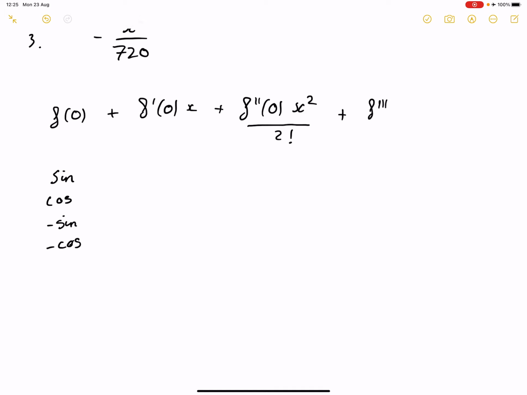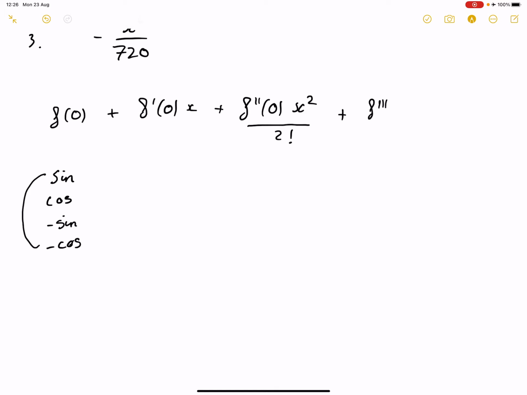F quadruple dash will be with x to the 4. So we're looking for the x to the 6th term, so we're looking for 6 differentials. So, sine, 1, 2, 3, 4, 5, 6. So it will be minus sine of 0, which is 0, so there won't be a 6th term.